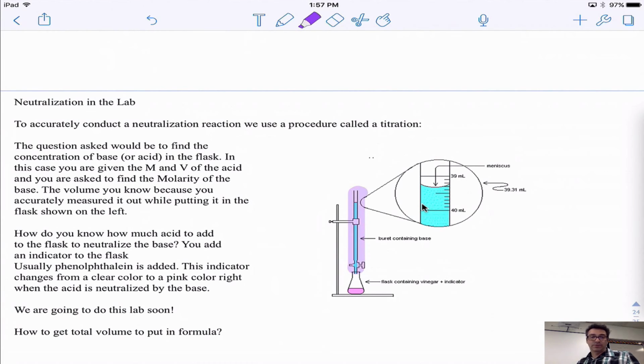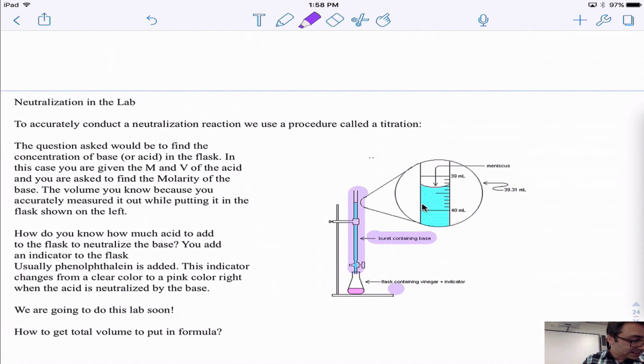So this setup right here, it looks as though we have our base in our burette, so our burette containing base, we are able to dispense that base into the acid very, very carefully. That's part of the reason why we do it through a burette. We can actually add drop by drop by drop. So we add that base to the acid.